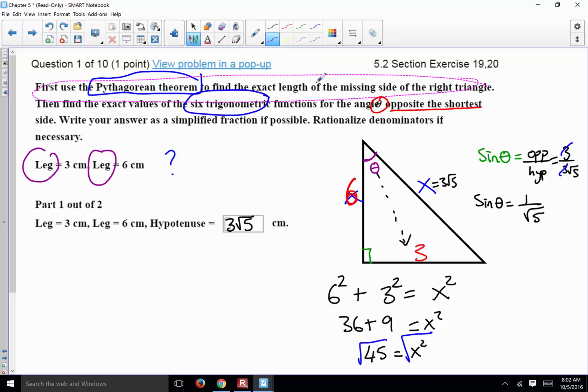Okay, I want to point out something here. What does rationalizing the denominator mean? Is this okay? In my answer I have 1 over root 5. When I enter this, will Connect Math like it? No, it won't. What are irrational numbers? These square roots, when they are computed, are never ending.